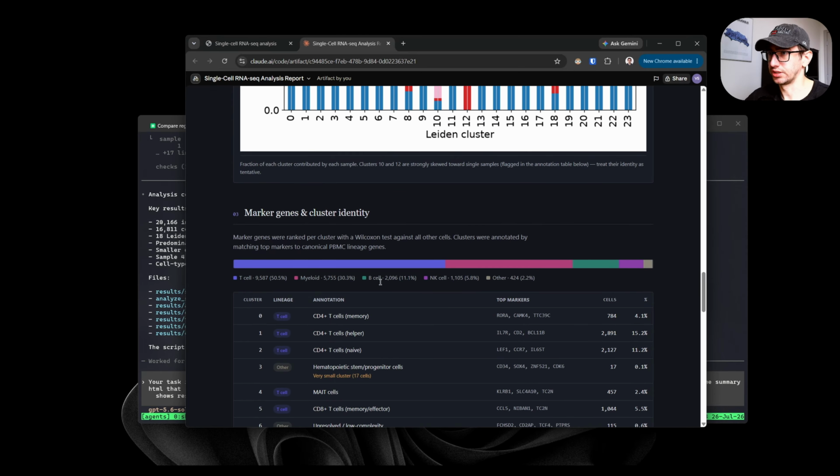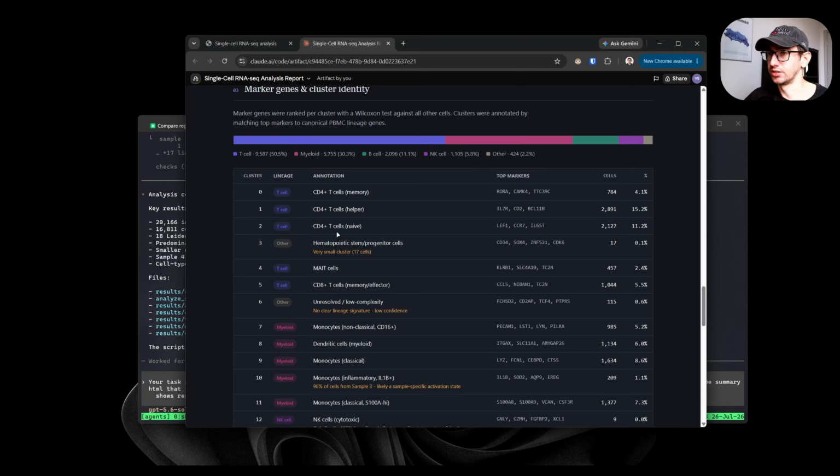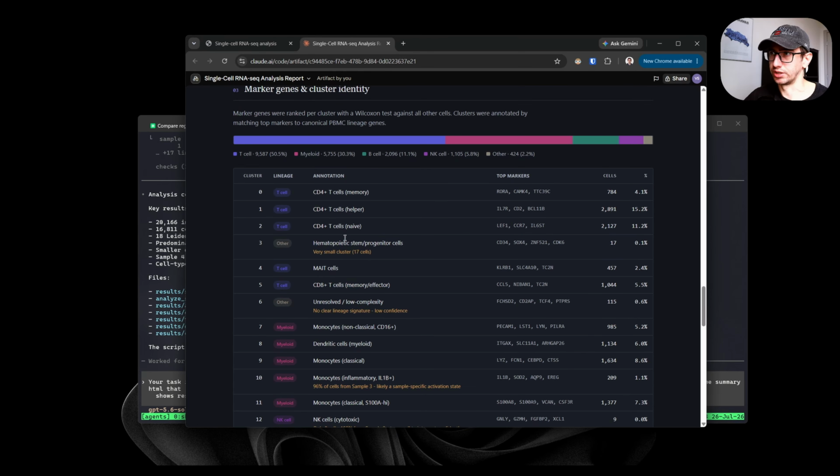And then this is how the marker genes and cluster identity were defined. Here we can see some lineages. In your case, it might be pictures with scatter plots, and there could be some reasoning about why you assigned a particular annotation to the cluster. I will not go over details, but I really like how it's organized.